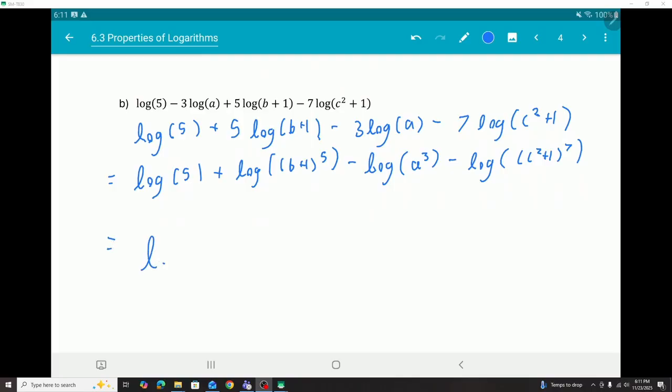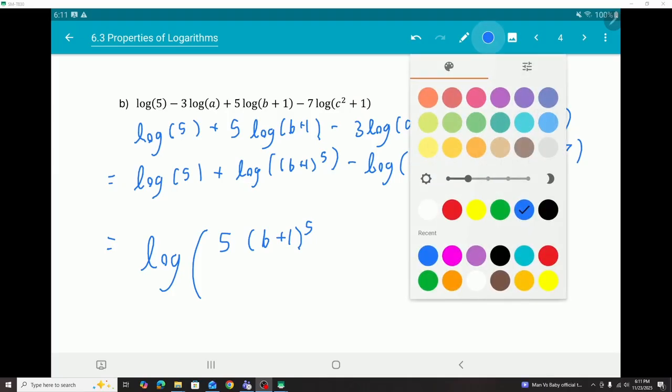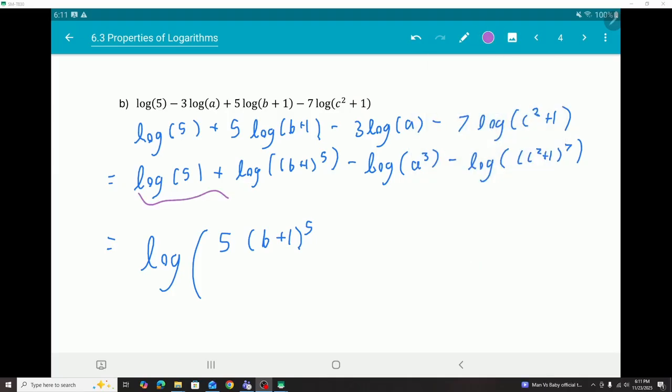And so I'll explain what's happening, but I'll write the answer like how I would expect you to do this, which is anything with a positive gets to go on top. And the reason for that is because of the product rule, which says I can staple these two together inside of the log.